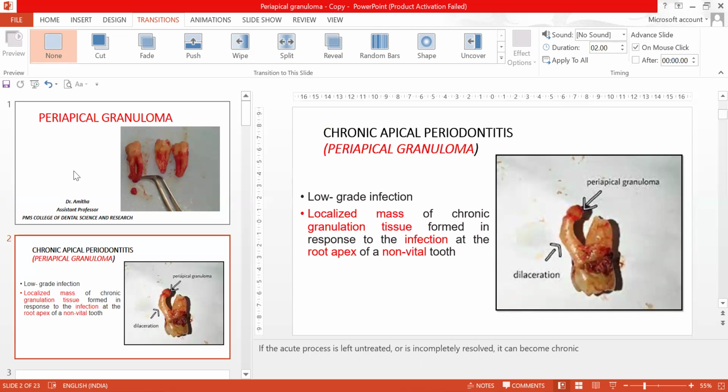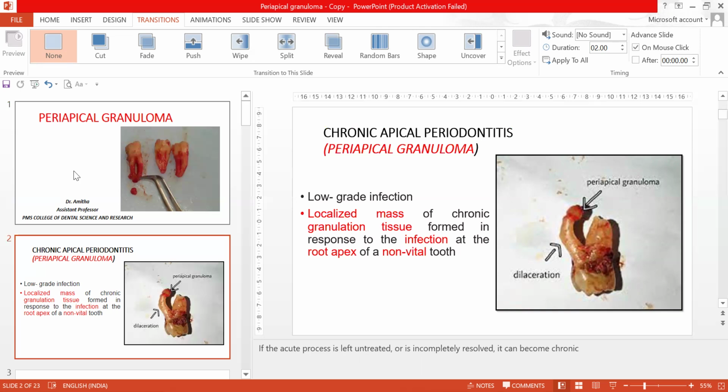It is an asymptomatic sequelae of acute apical periodontitis and is characterized radiographically by periapical radiolucent changes and histologically by the lesion dominated with macrophages, lymphocytes, and plasma cells.